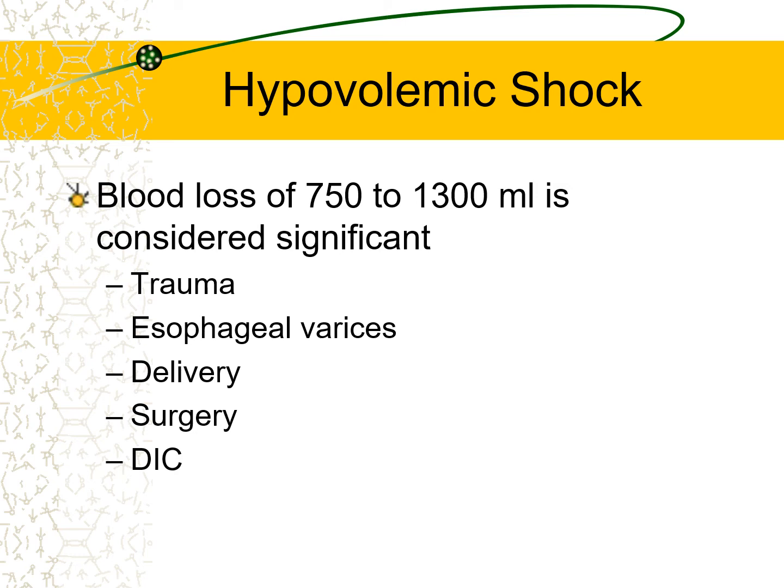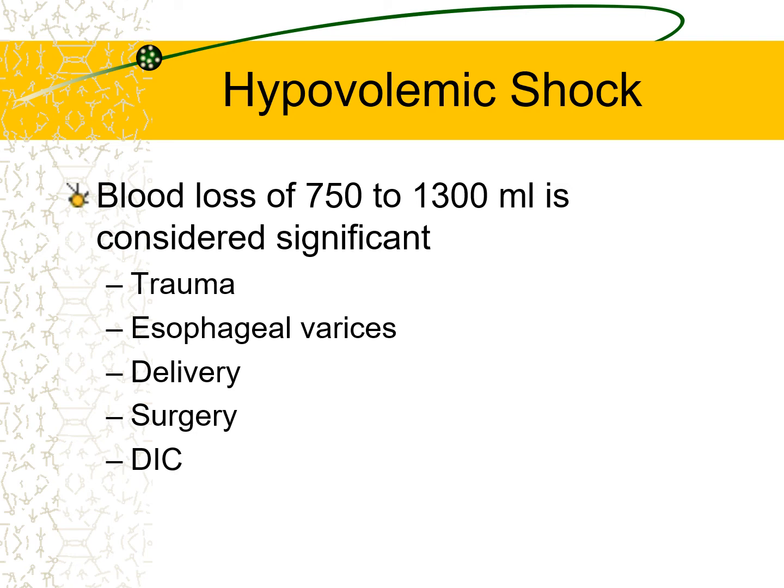There are many things that occur in a hospital that can result in this much blood loss, and certainly there is trauma, especially surgical trauma in the hospital, and accidental trauma for patients that come through the ER especially.